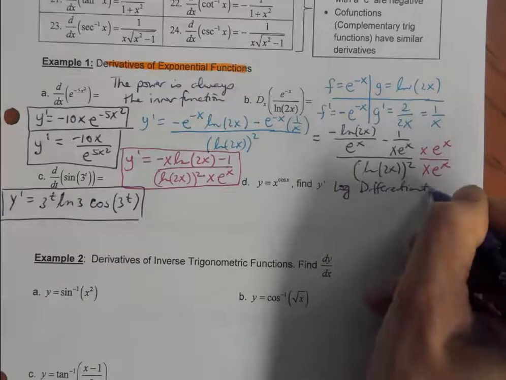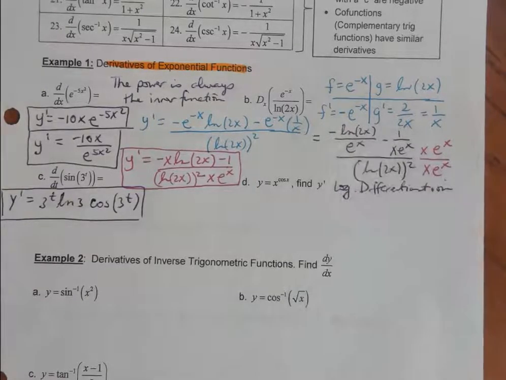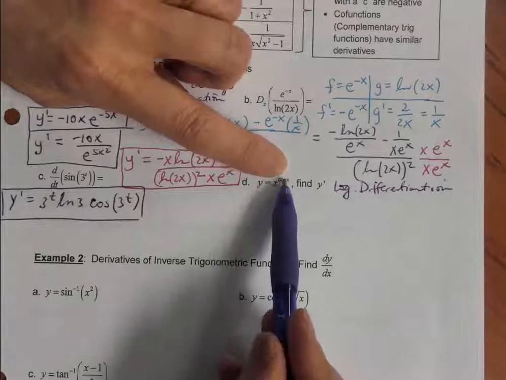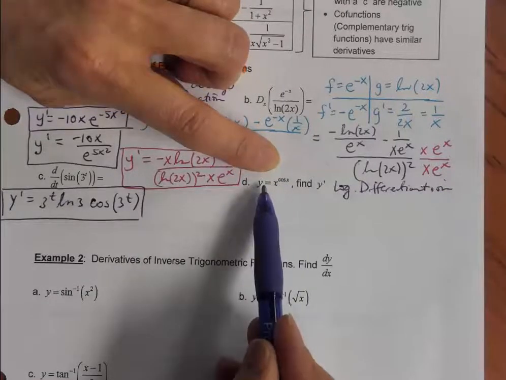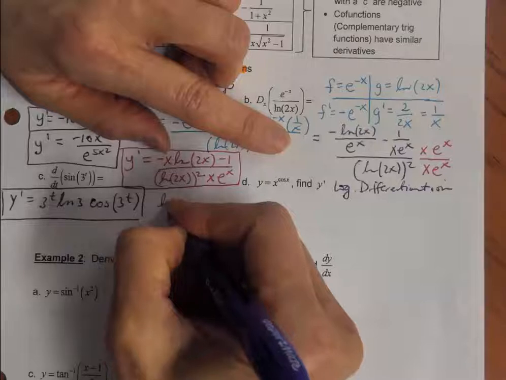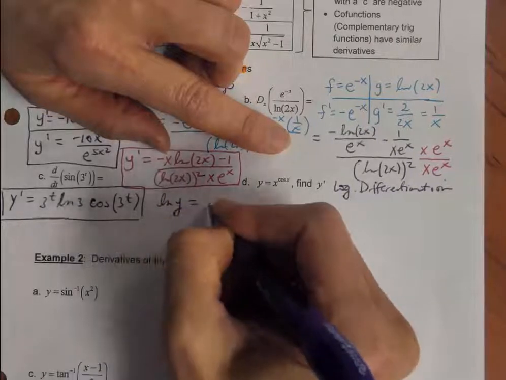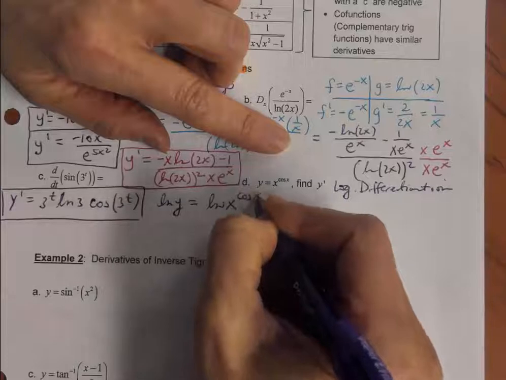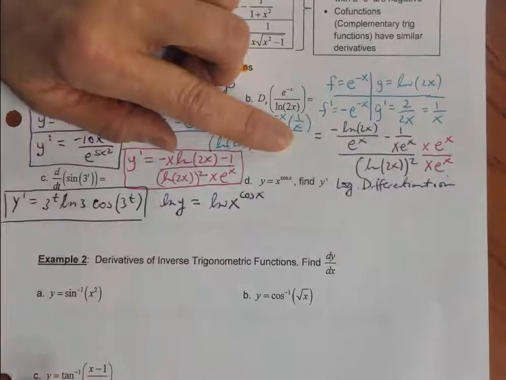Okay, and what log differentiation does is you take the natural log of both sides and the power becomes a product, which is kind of what you want in this. So I'm going to take the ln of y, and that is equal to ln of x raised to the cosine of x. Okay, so I'm just rewriting it.